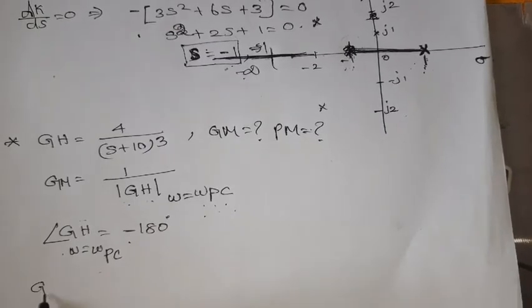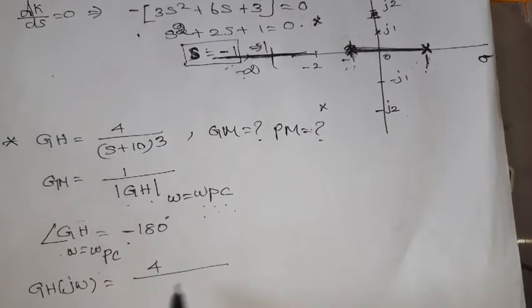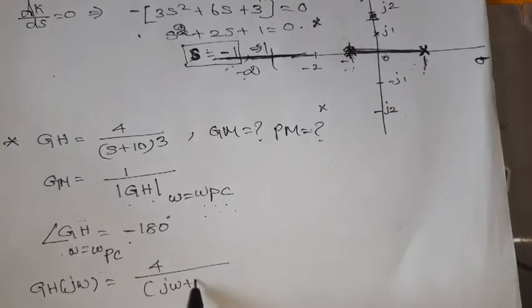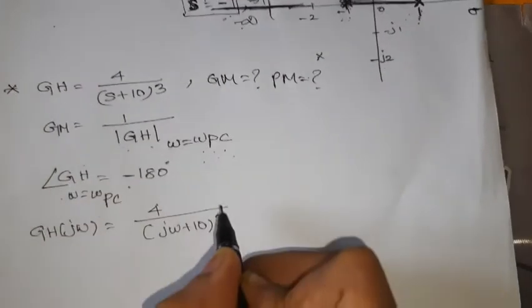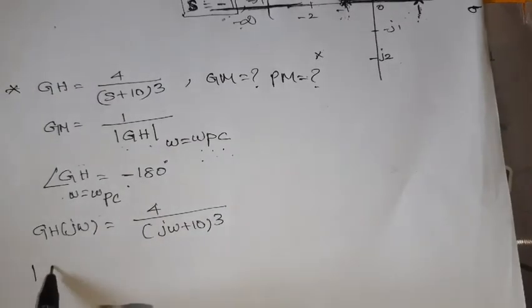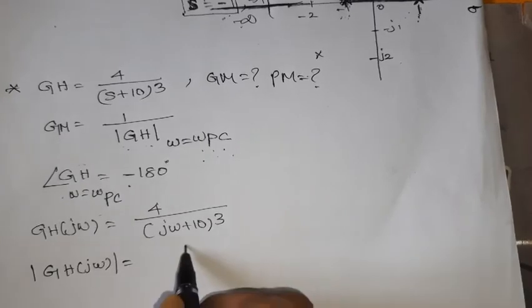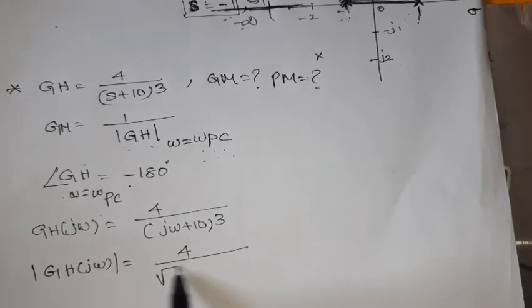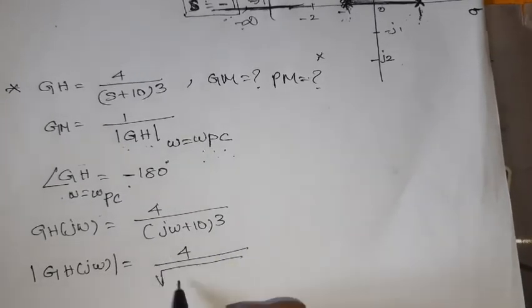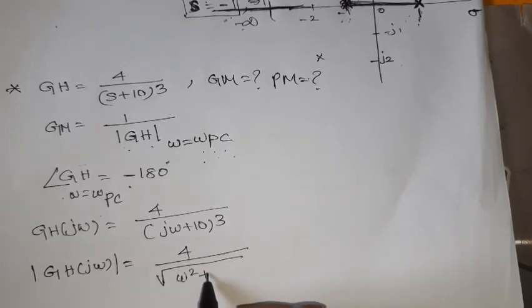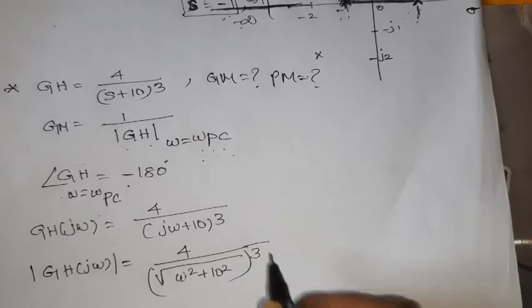So GH of j omega: substitute s equal to j omega, 4 by (j omega plus 10) the whole cube. Find the magnitude of this: 4 divided by square root of (real part squared plus imaginary part squared) the whole cube.